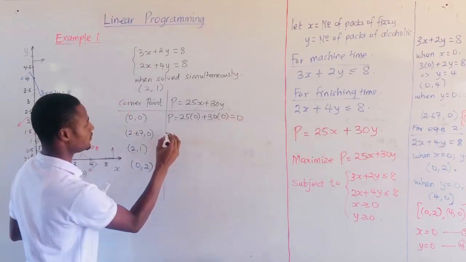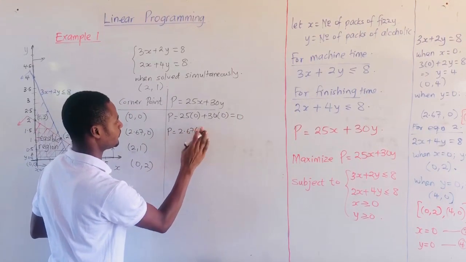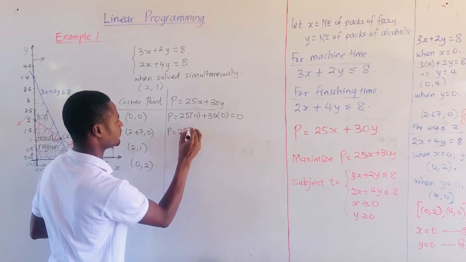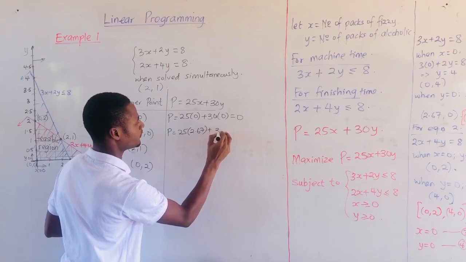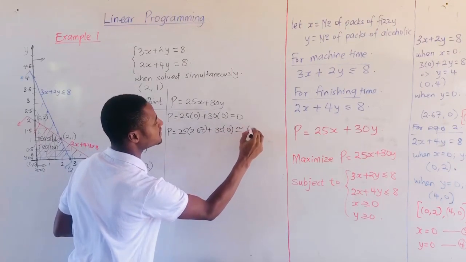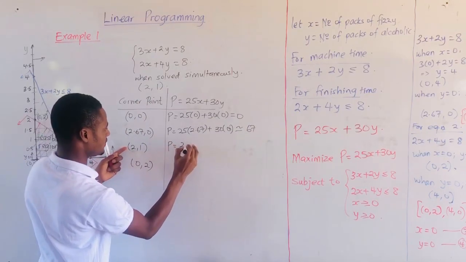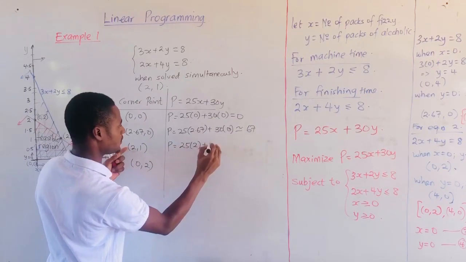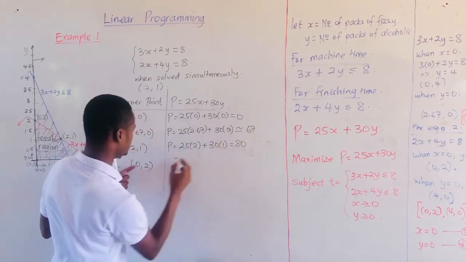This gives 0. This gives approximately 67. The next one is 50 plus 30, that gives 80.